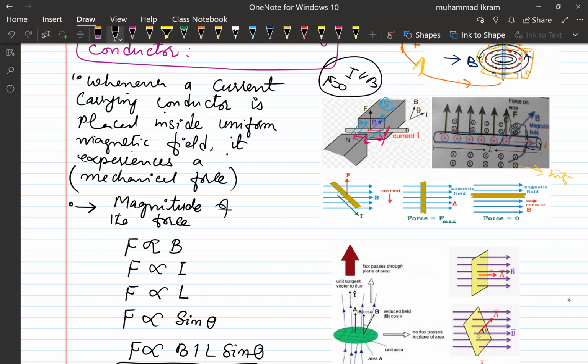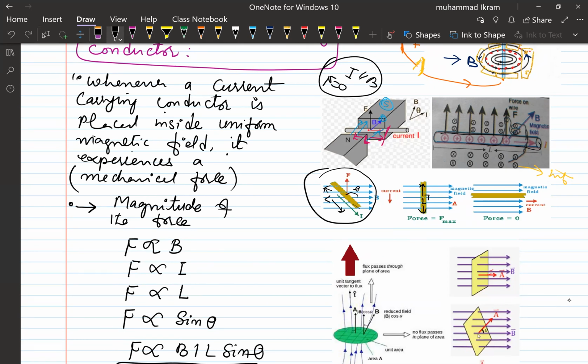So you see here, for a certain value of the angle, the length of the conductor makes a certain angle with B. If we take the angle with the positive x-axis, it is theta, like this. Similarly here the force is maximum, because the length of the conductor, or the current I, is perpendicular to the field.